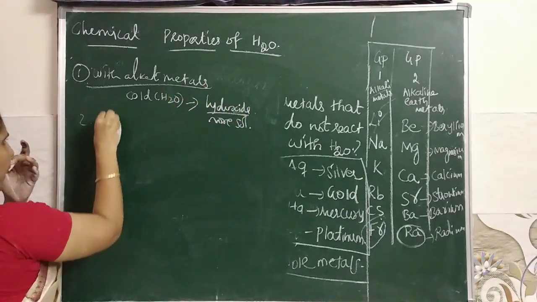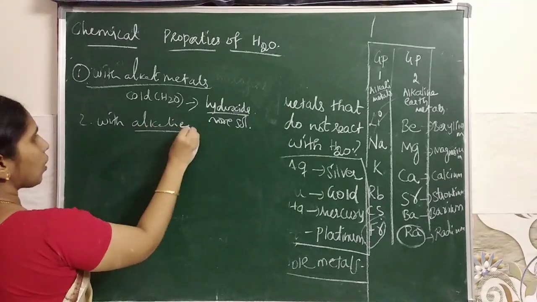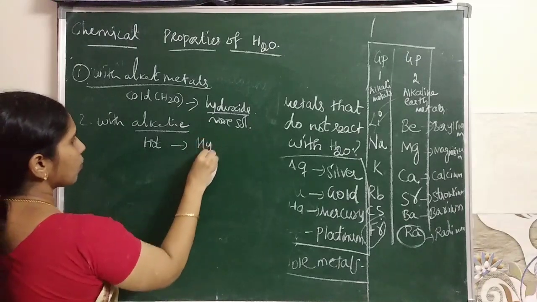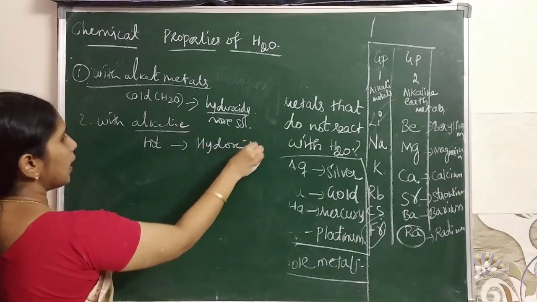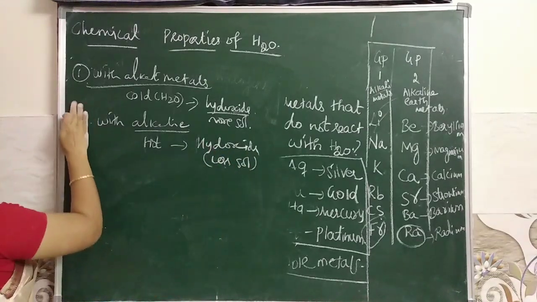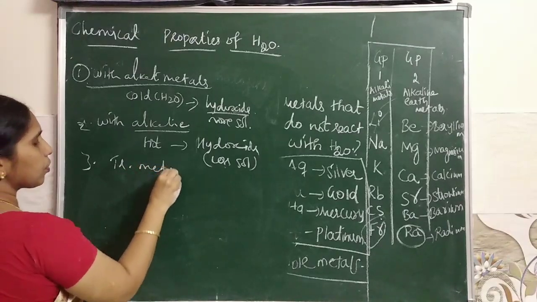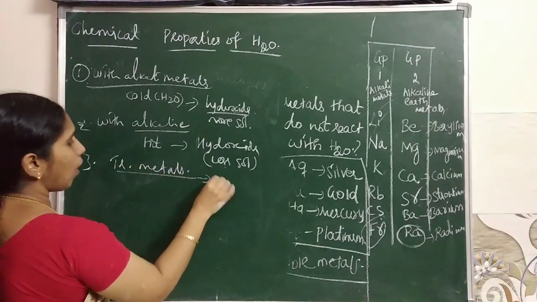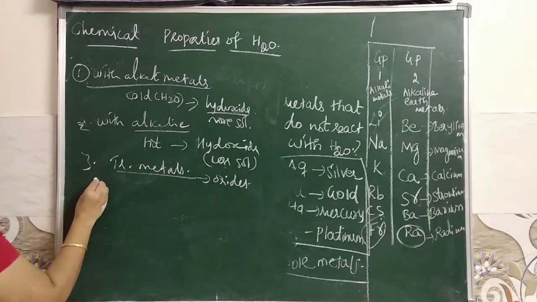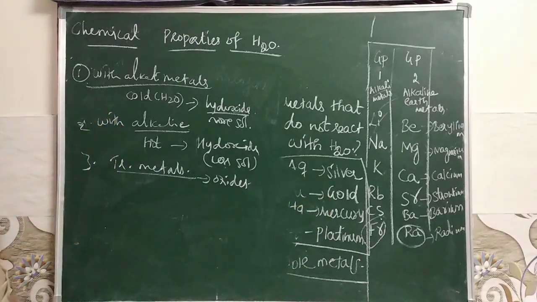Next, alkaline earth metals: the condition is hot, and the product is hydroxide, which is less soluble in nature. Okay. So third one, transition metals. Transition metals form oxides, not hydroxides, oxides. Some of these are metals that do not react with water.